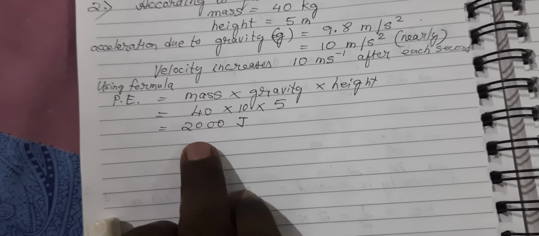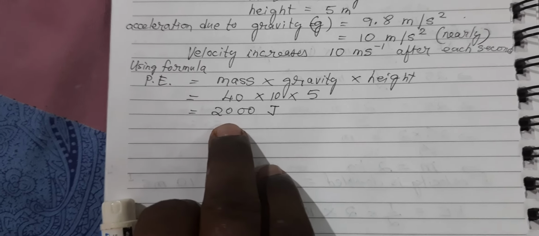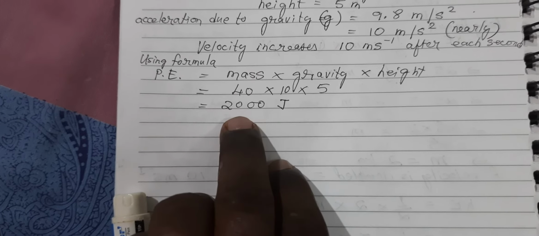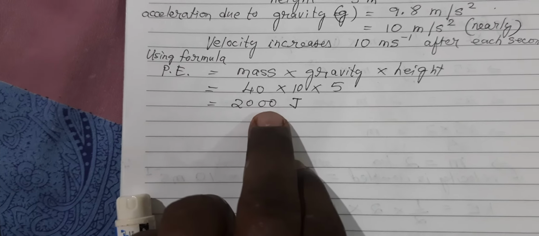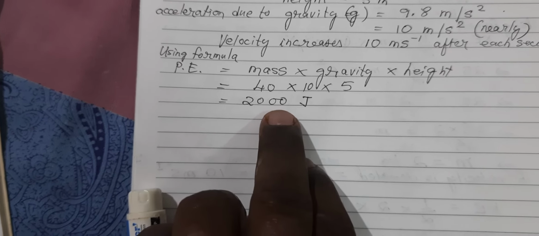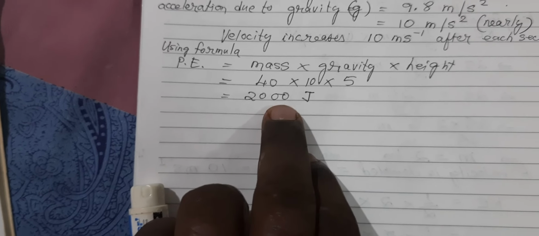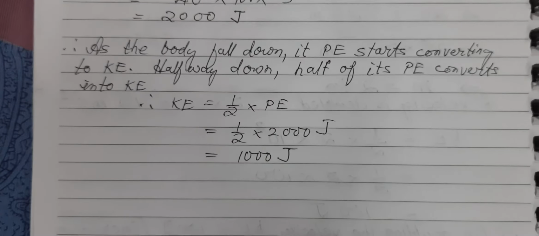And we have seen how much is the potential energy? 2000 joules. So halfway down, half of 2000 will have converted to kinetic energy. What is half of 2000? 1000. So when it is halfway down, half of 2000 joules, that is 1000 joules, will have converted to kinetic energy.